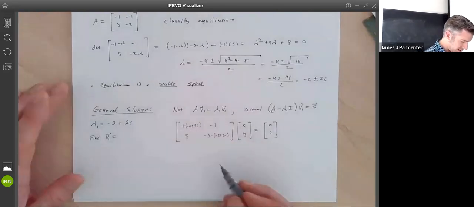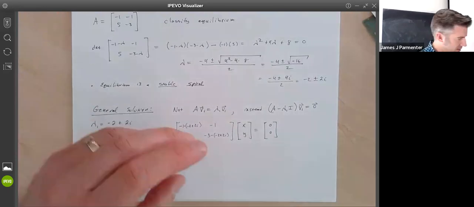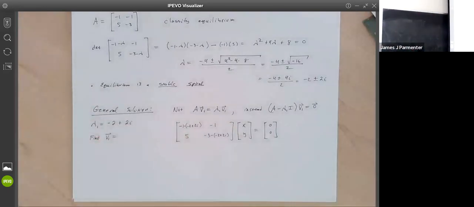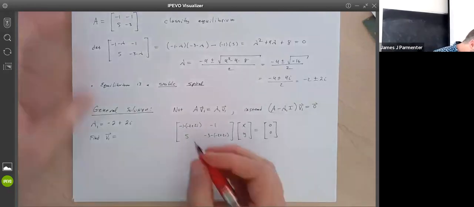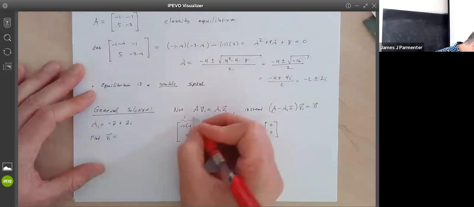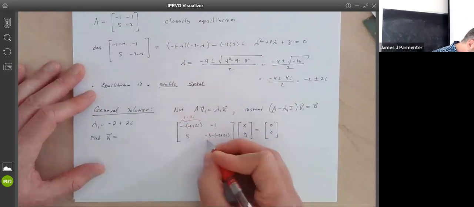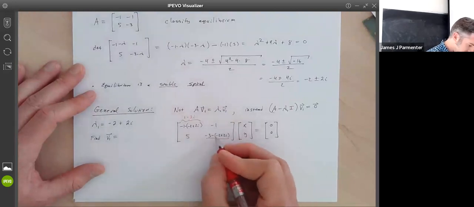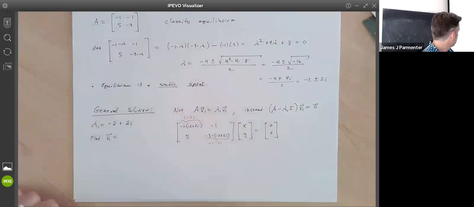Let's simplify this just a tiny bit. -1 minus -2 is going to be a +1 minus 2i. And if I were going to simplify this, this would be a -3 plus 2, so this would be a -1 minus 2i.